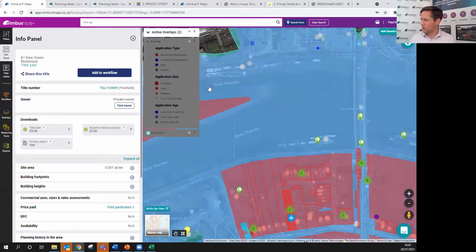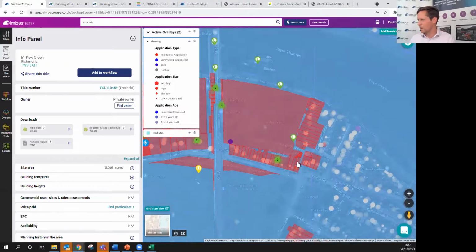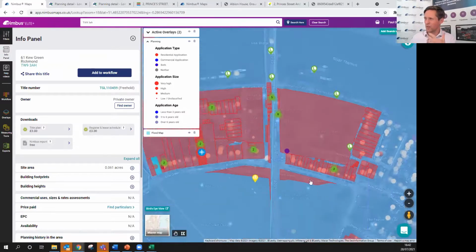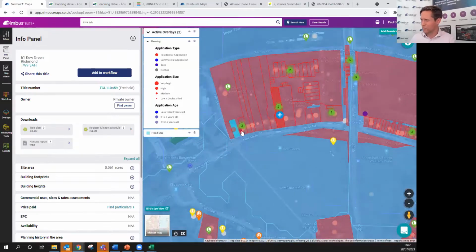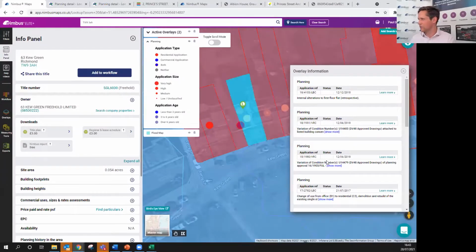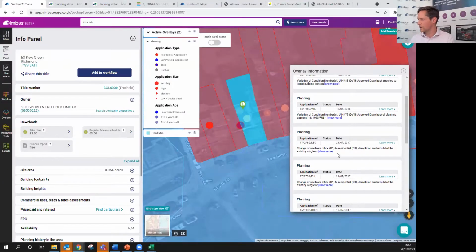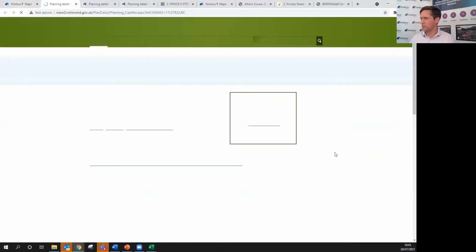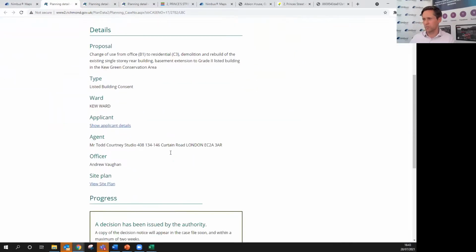What I'm trying to find is a planning permission within that flood zone. So this is the planning overlay in effect, and where it's talking about residential applications, it goes red. What I'm trying to find is a red spot round here that I can pin my advice on, in effect: change of use from office to C3, with extension to the ground floor, a listed building in a conservation area.